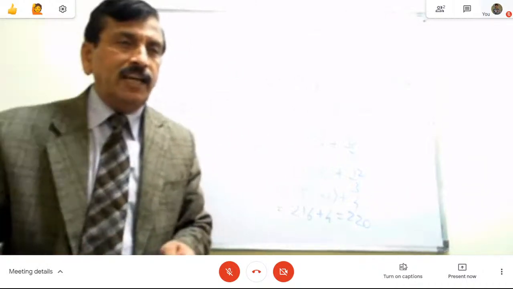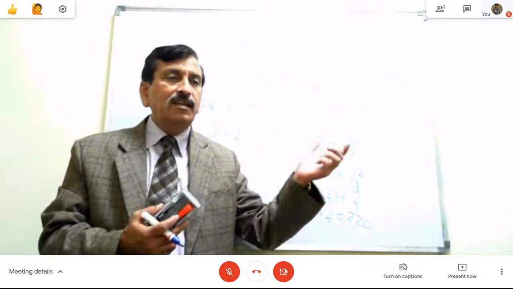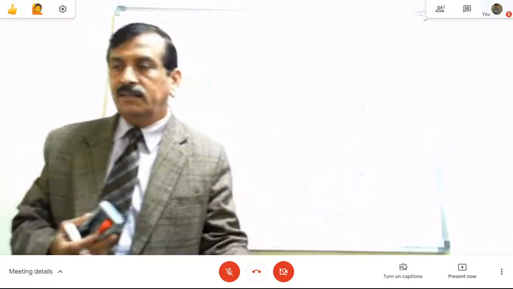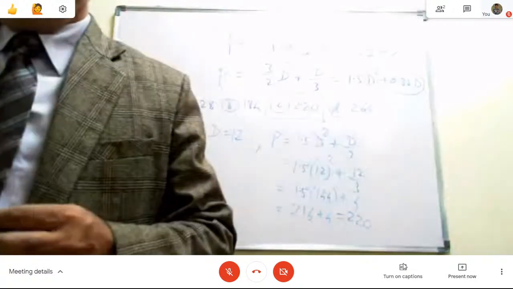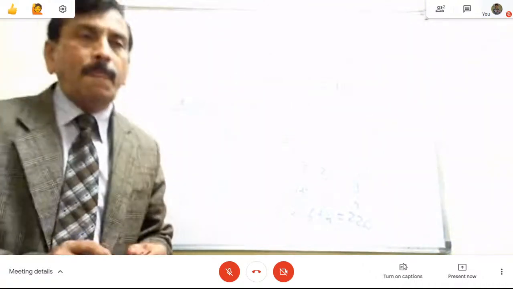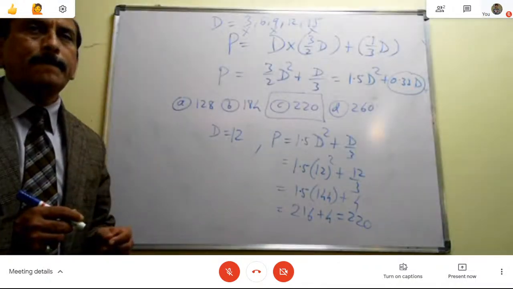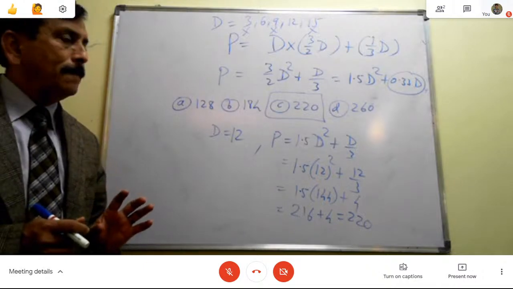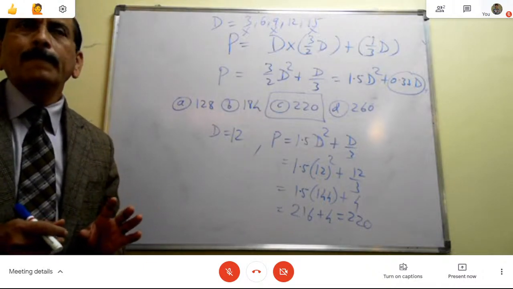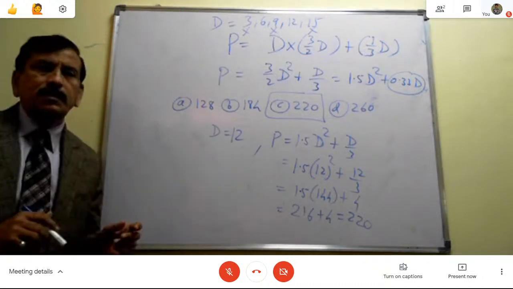There is a request. The screen is shining, so we have to take a 2 minute break so that we can adjust the screen. People are not able to see things on the screen. Is it visible? Check whether it is visible.